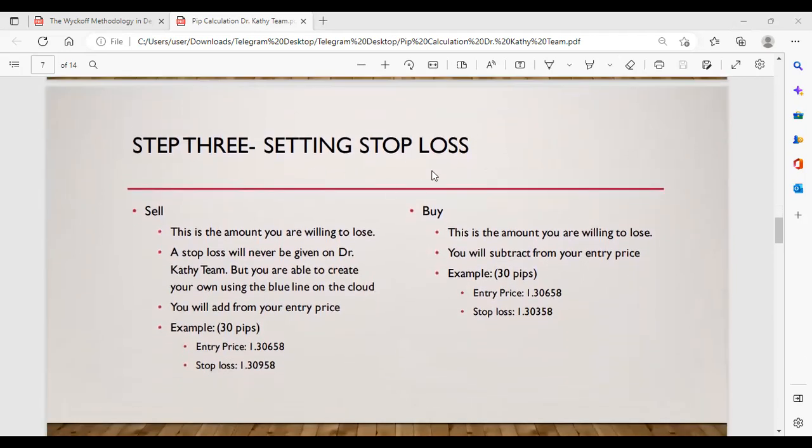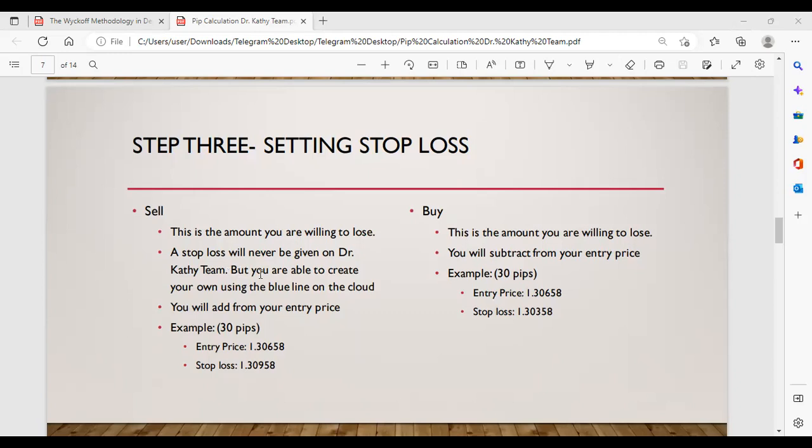And step three, setting stop loss. This is the amount you are willing to lose. A stop loss will never be given on Dr. Katis team, that's like live. People go live on the website to get analysis on trading.